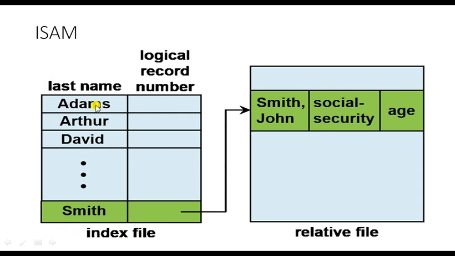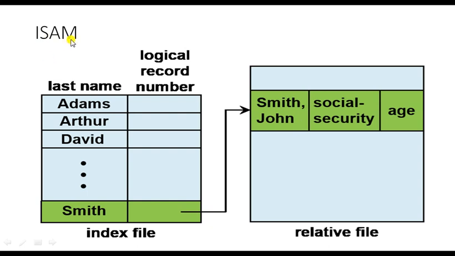In the index file, you take one attribute of the file and you store the logical record number, that means a pointer to that particular content. Suppose this file consists of the last name Smith, John. I am creating an index for this field, and this field has the logical record number. This record number is a pointer, and by using it I can directly go to that particular data content.